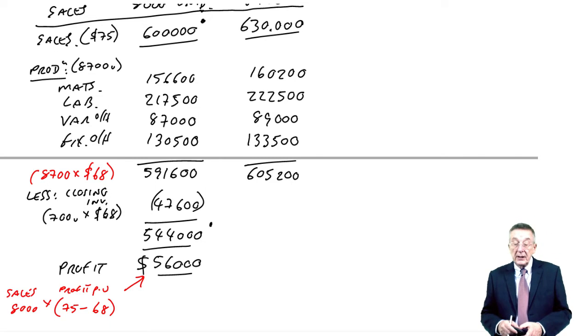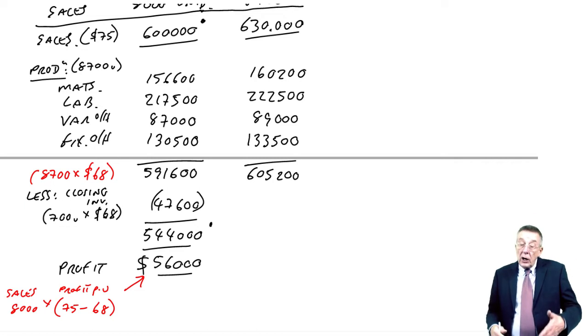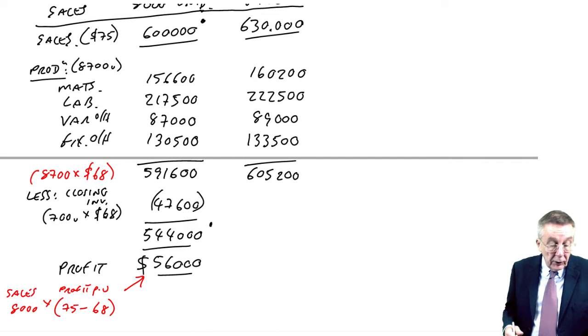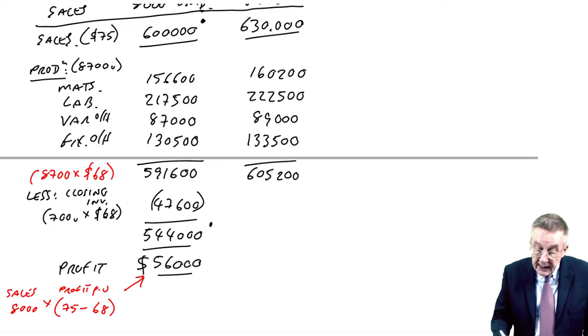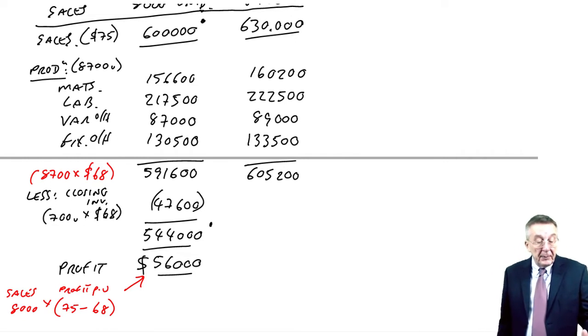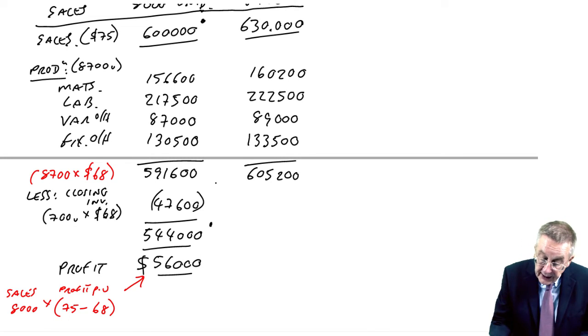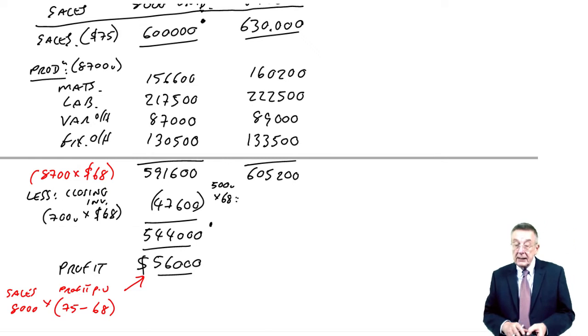Yes, 605,200. That's the cost of the 8,900 produced. To get the cost of the 8,400 sold, we need to subtract again the closing inventory. But here, if we produce 8,900 and sell 8,400, the closing inventory is 500 units and at standard cost of 68.